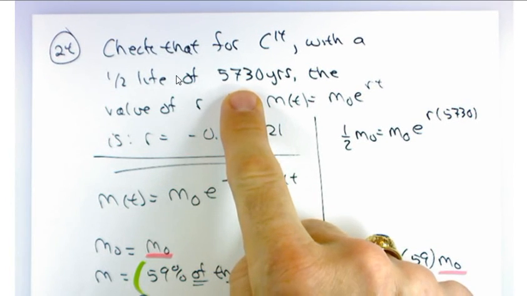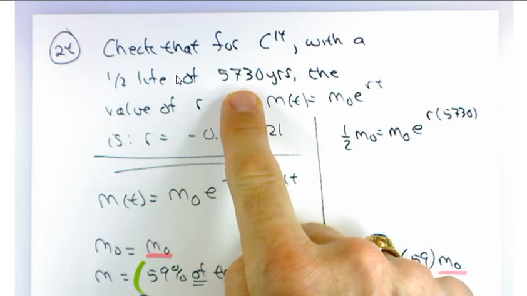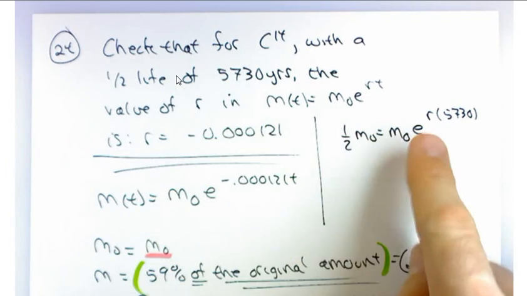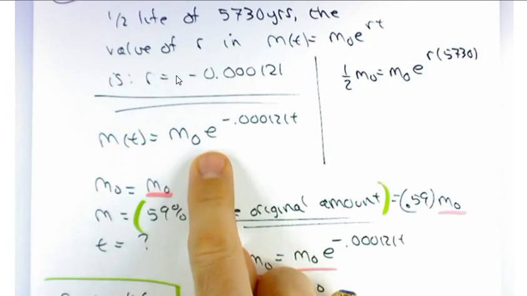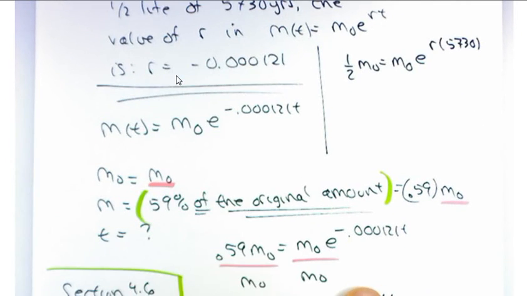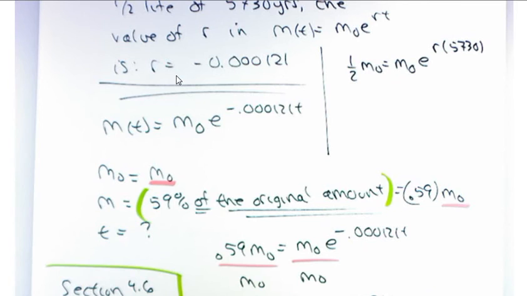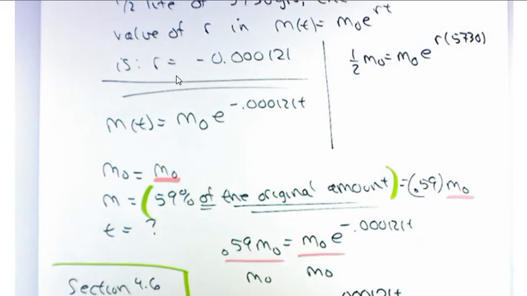So that's really solving this twice. And there's two things. One, it makes it a really long problem. And two, if you make a mistake on one part, you're going to get the second part wrong. So I would only give you one part of that problem. Either that's the half-life, figure out r, or here's the model, figure out t. So one of those two parts.